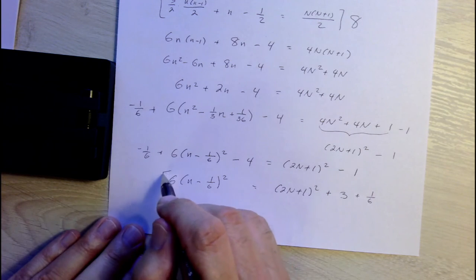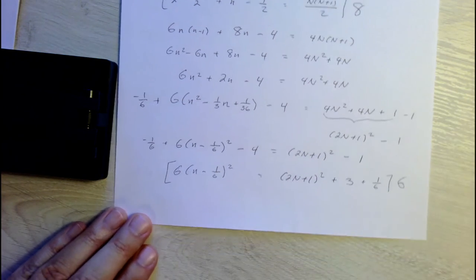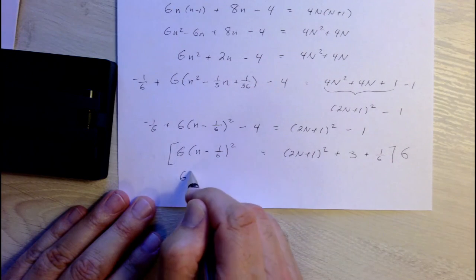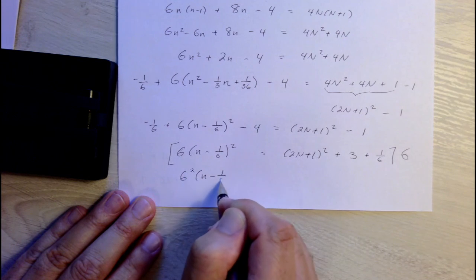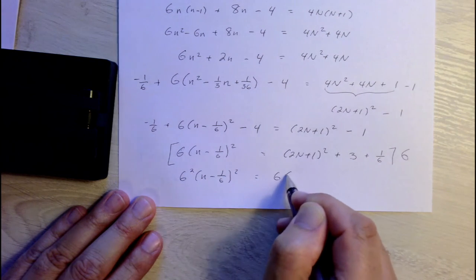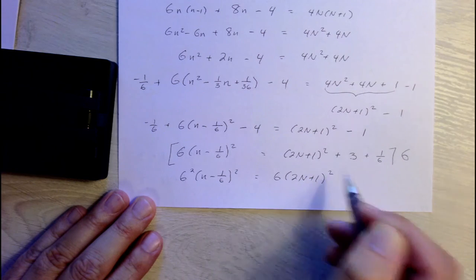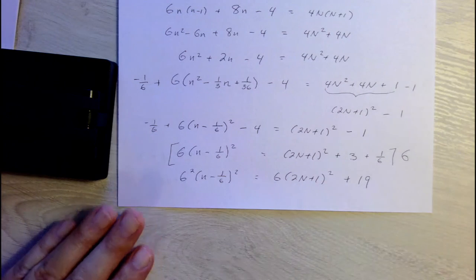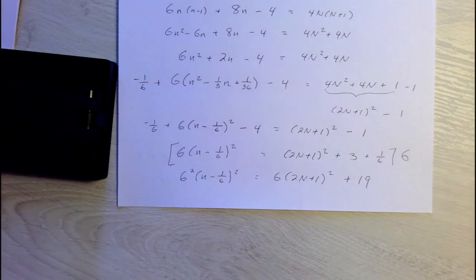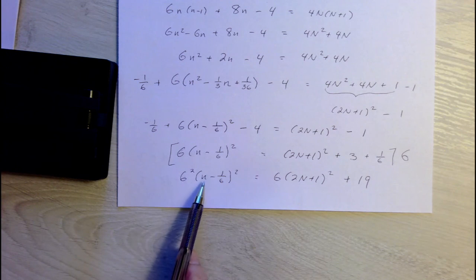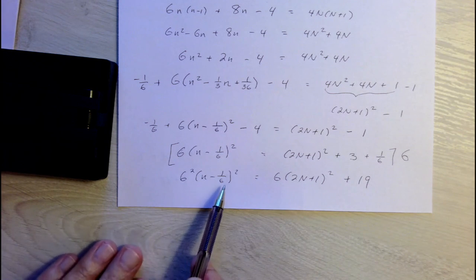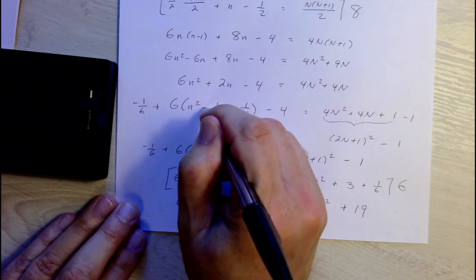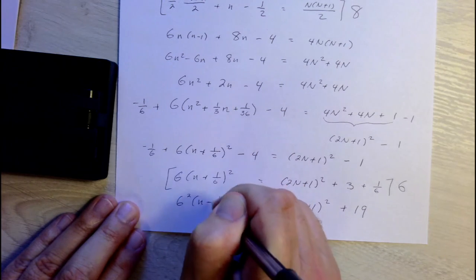And then I'm going to multiply everything by 6 again. Now this will be 6 squared times n minus 1/6 squared equals 6 times 2n plus 1 squared plus 18 plus 1, this is plus 19. And then, of course, we're squaring 6, and we're squaring n minus 1/6. And, oops, I think we should make everything here positive. Sorry about that.